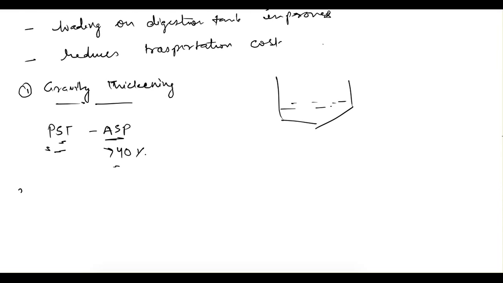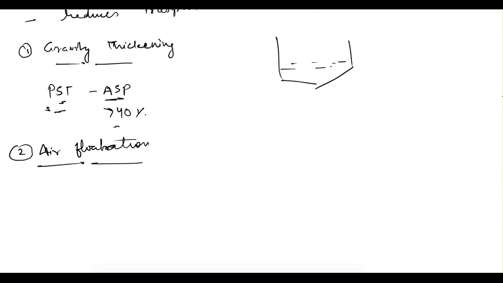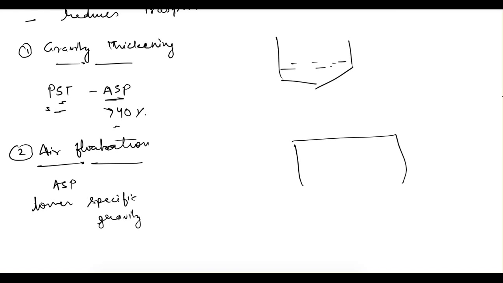The next method is air flotation. This method is suitable for sludge obtained from the activated sludge process, because the sludge solids have lower density or lower specific gravity. What is done in this case? Let's say this is your flotation tank. The wet sludge comes in from here, and supernatant is removed from this end.